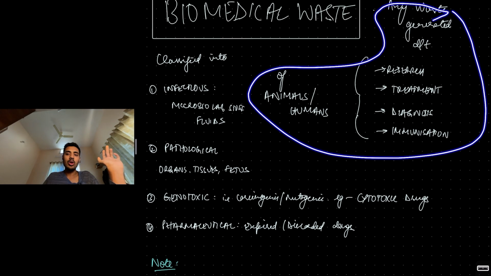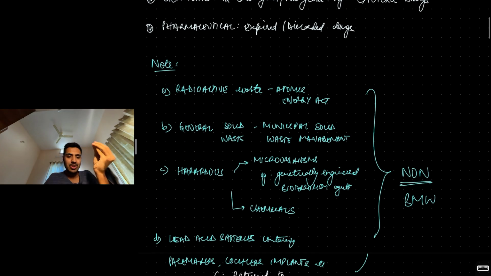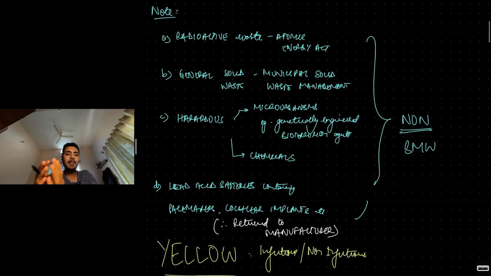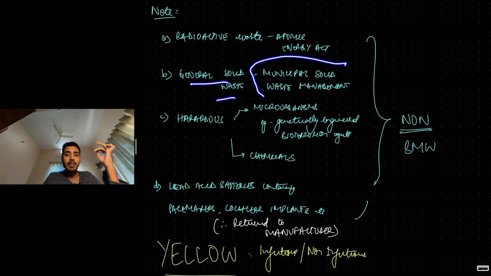Now from this definition, there are some important things to understand. Radioactive waste: the management comes under the Atomic Energy Act. General solid waste comes under the Municipal Solid Waste Management.